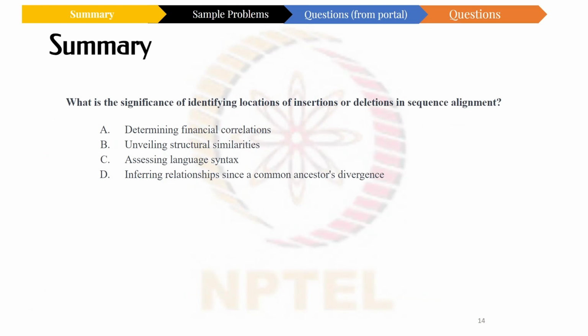So what is the significance of identifying locations of insertions or deletions in a sequence alignment? Why do we need to identify insertions or deletions in a sequence alignment?